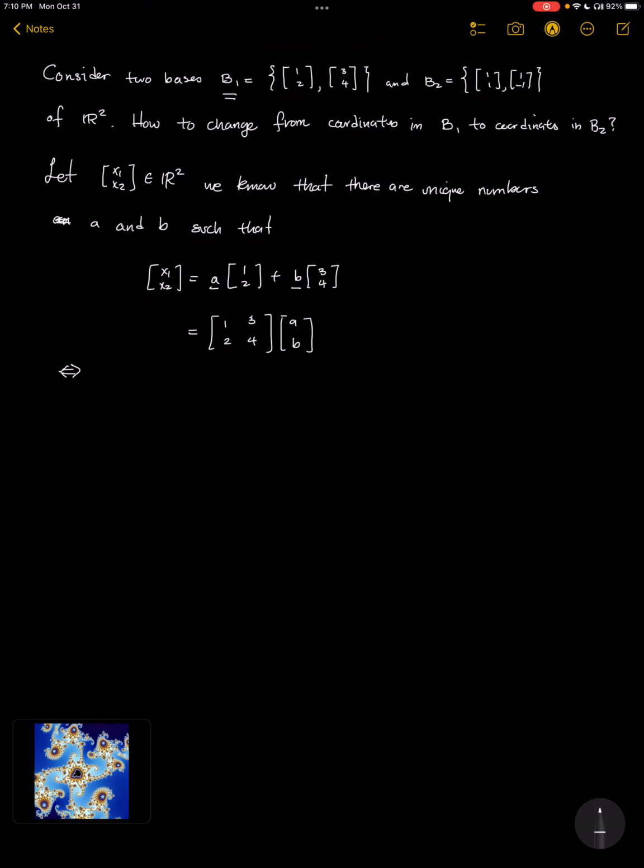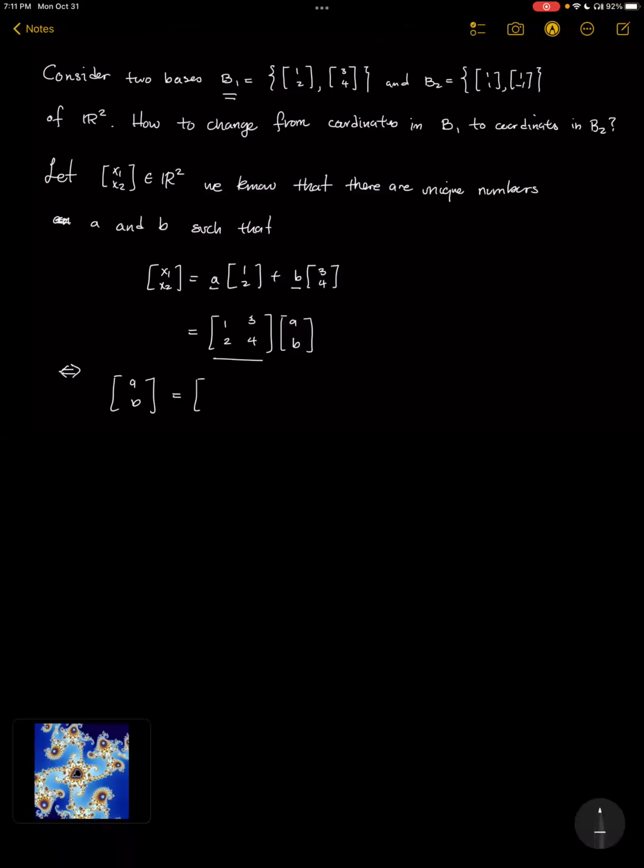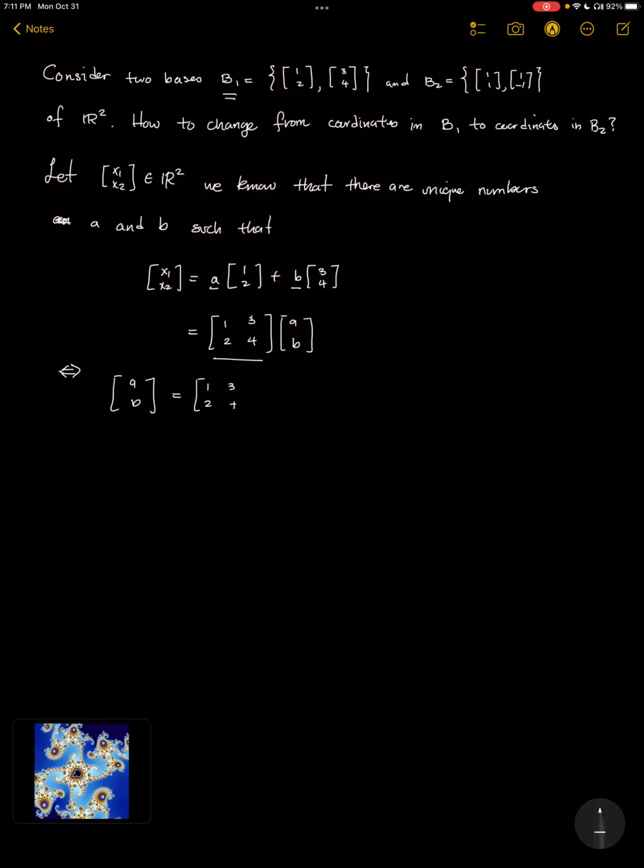If I multiply on both sides by the inverse of this 2 by 2 matrix, I get (A, B) equal to [1 3; 2 4] inverse times (x1, x2).